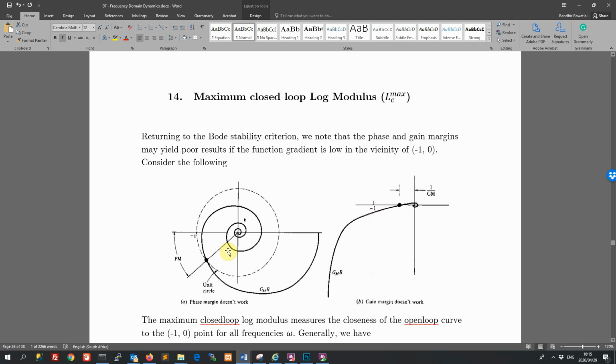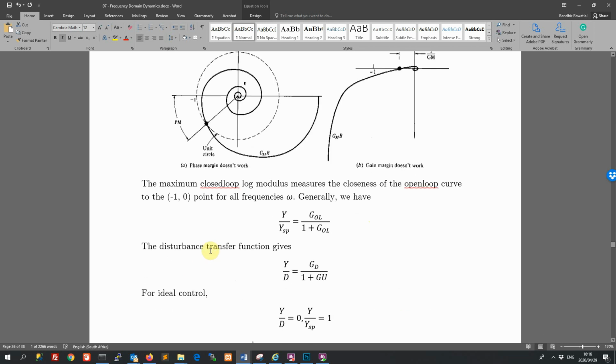So we can just do it that way by considering both those numbers instead of trying to estimate it from just one number. The alternative to that is instead just plotting the closed loop transfer function.